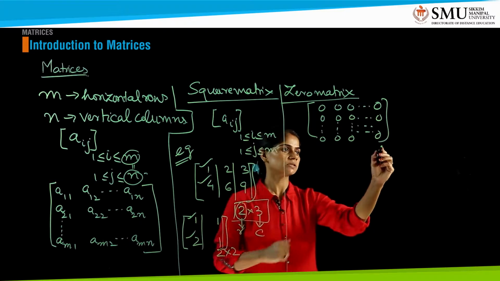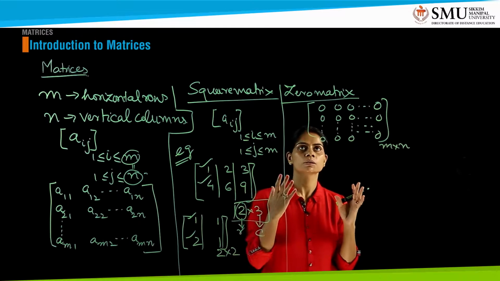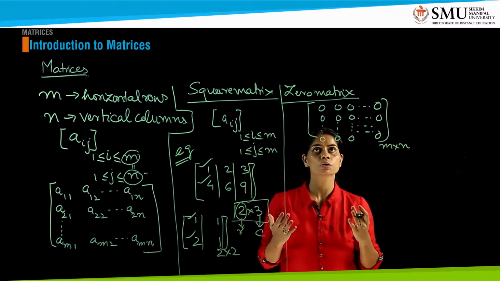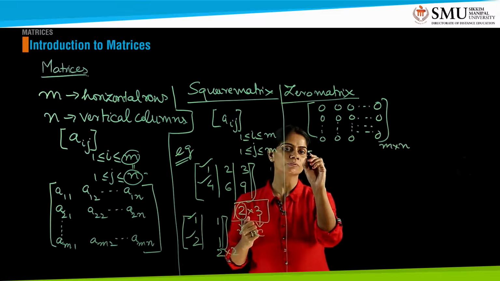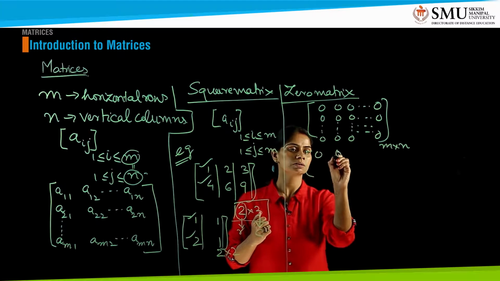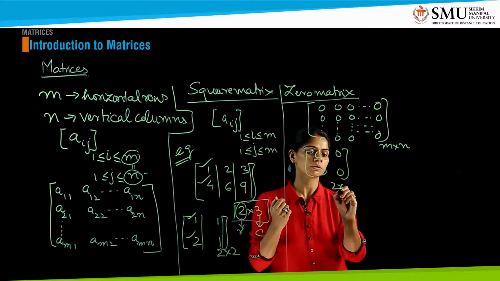If this is an m cross n matrix and all the elements of the m cross n matrix are 0, we call that matrix a zero matrix. So what would be a 2 cross 2 matrix for the case of 0? This is 0, 0, 0, 0. So this is the 2 by 2 zero matrix.